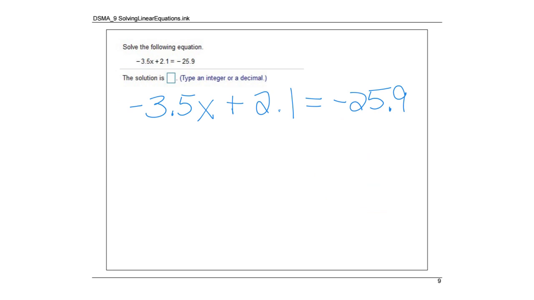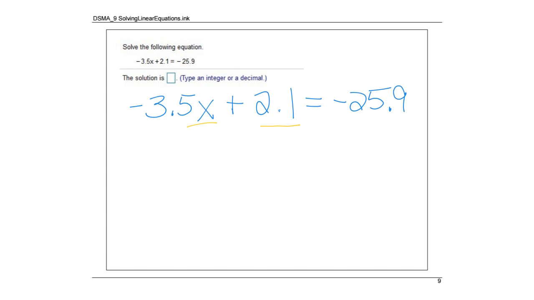All right, so this one looks a little scary, right? If we hadn't done the other ones, if I'd done this one first, you probably would have panicked, but it just has decimals in it. Like I said, you can use your calculator. All right, so let's see if we can clean anything up. Doesn't look like it. On the left-hand side, we have a variable with a coefficient in front of it, and then we have a number. So we can't combine those two.